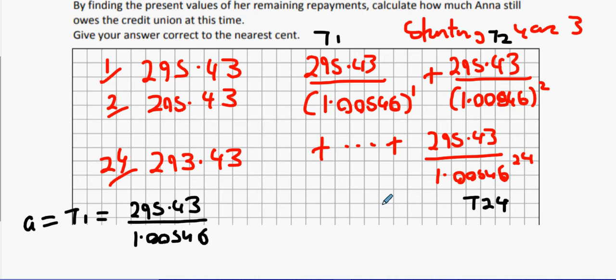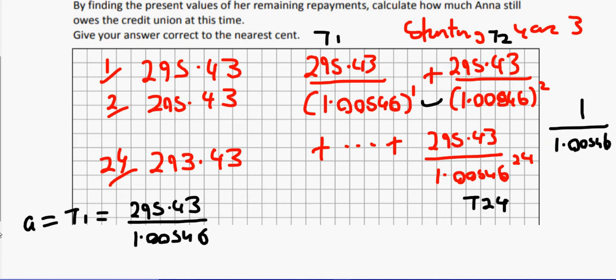And at the end of each month, you just add on another power on the bottom. It's a geometric sequence, and you keep multiplying it by this number here. An extra power keeps appearing on the denominator, over and over again.